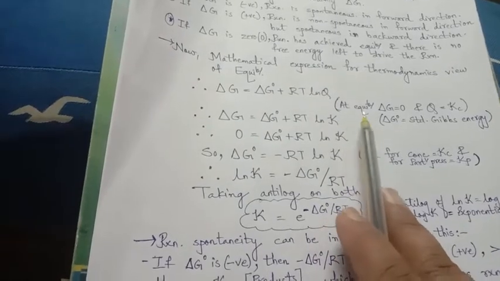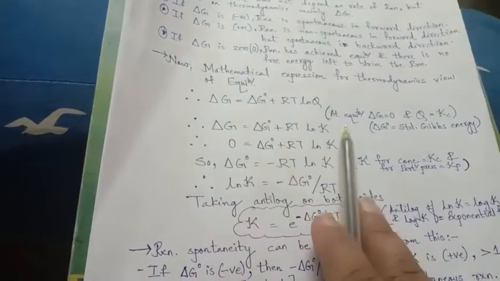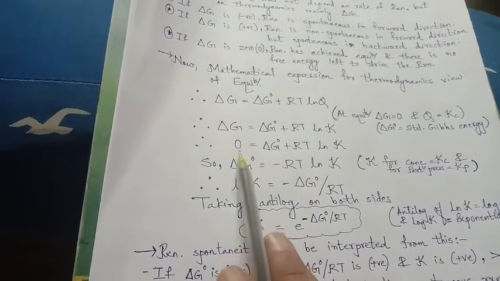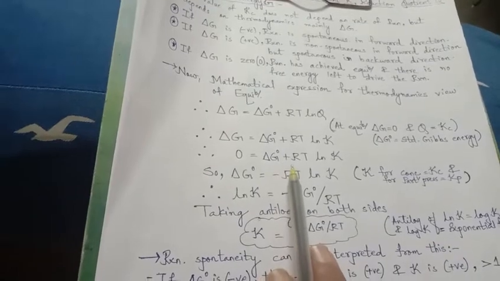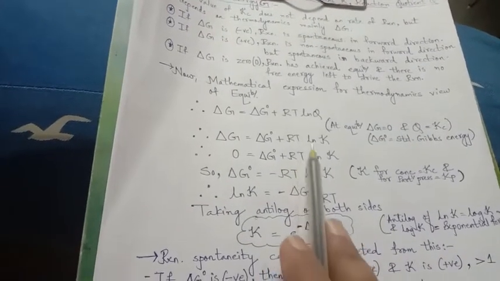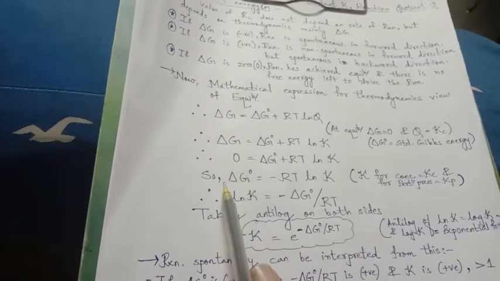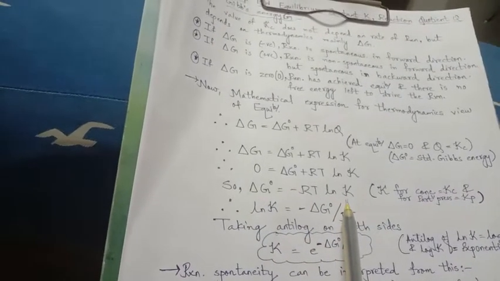Now at equilibrium, delta G is 0. So if we consider that delta G is 0, then 0 is equal to delta G naught plus RT ln K. Taking this RT ln K on the left hand side, we get delta G degree is equal to minus RT ln K. Right?